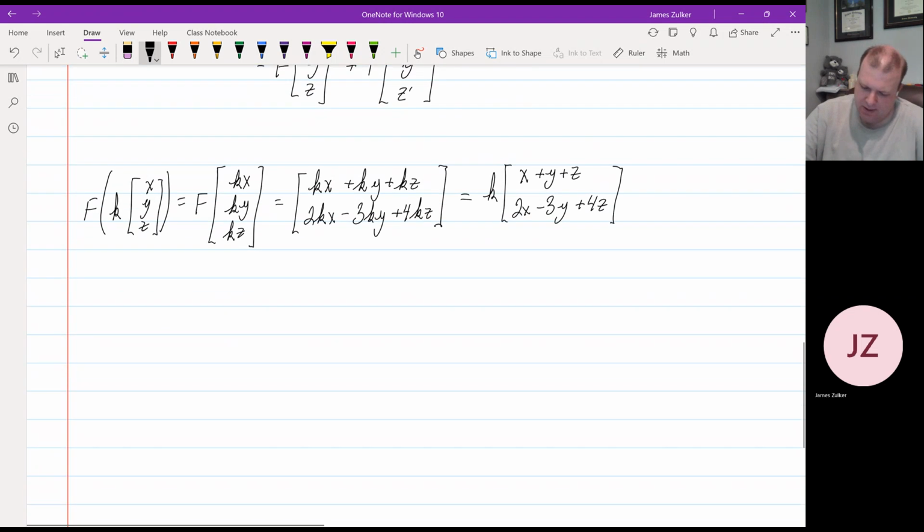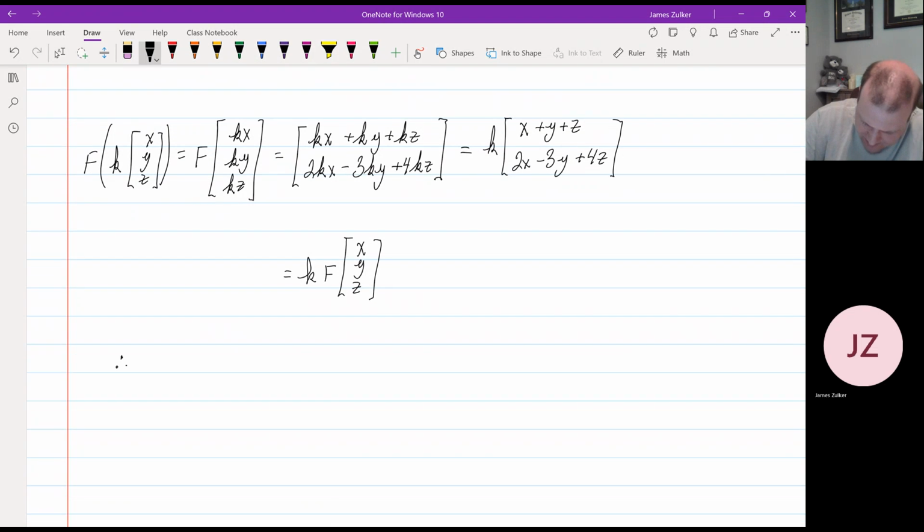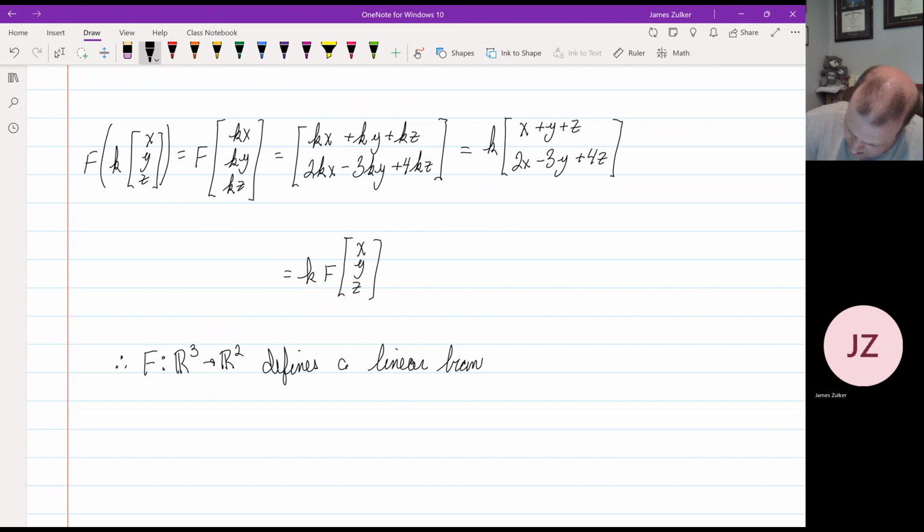Which of course is the definition of k times the transformation of (x, y, z). Conditions are satisfied. And this mapping from R3 onto R2 defines a linear transformation.